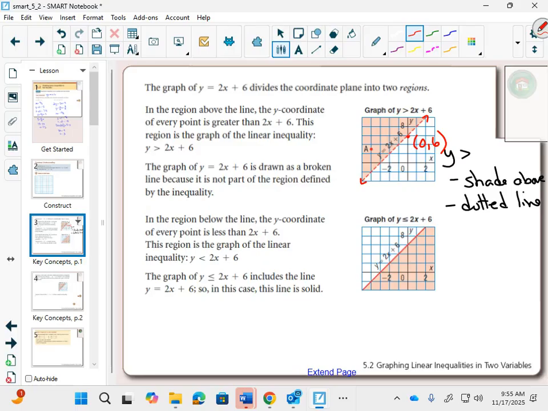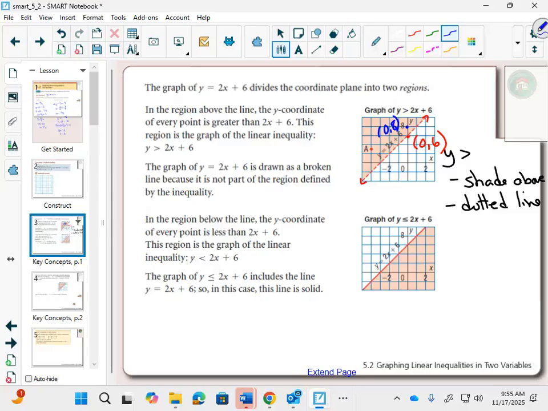I need the y values to be bigger than the graph. But if I tested 0, 8, it makes the equation true. If I plug in 0 for x, the right-hand side is 6. If I plug in y as 8, is 8 bigger than 6? True. And so with linear inequalities, we're wanting to shade all of the area of the graph that's true.